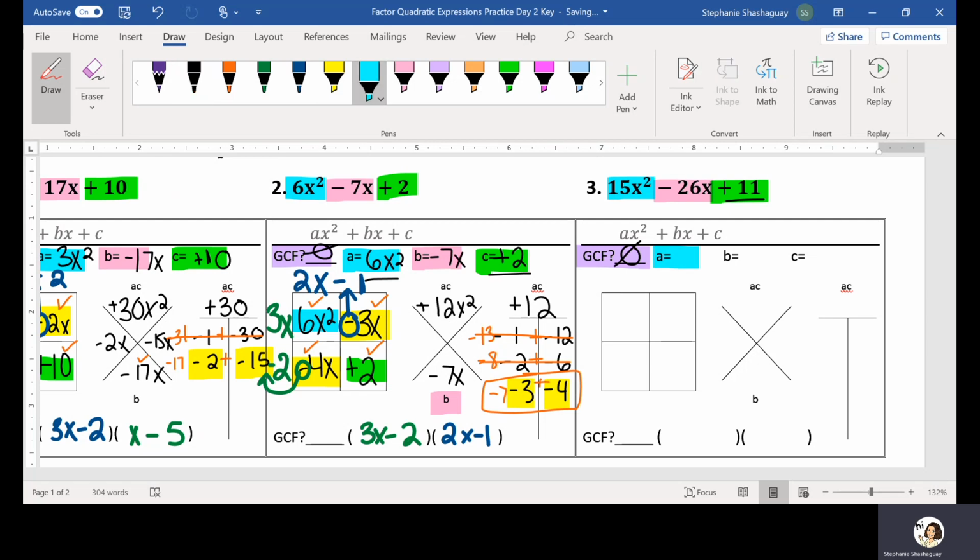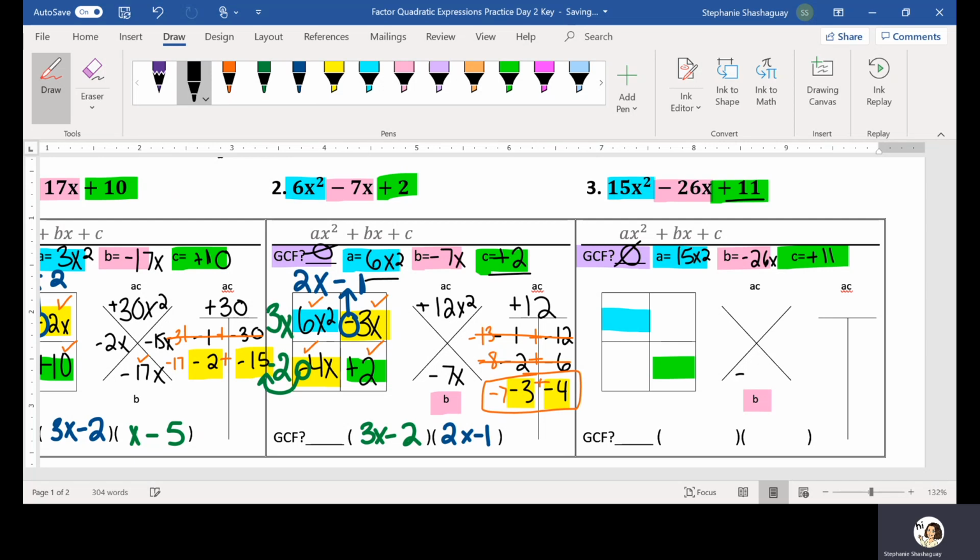So let's move forward. We've got our A. We're going to fill in here. We have our B, which we'll fill in down here, and our C, which we're going to fill in there and there in our area model. Okay, so 15x squared, negative 26x, and a positive 11.